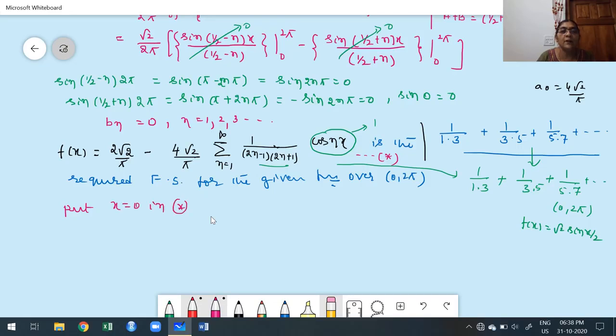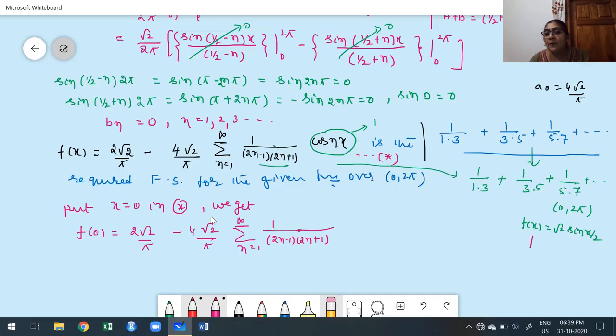I think it's clear why I had to put x as 0, because I want to convert cos nx to 1. We get f of 0 equals 2 root 2 divided by pi minus 4 root 2 divided by pi, summation n ranging from 1 to infinity, 1 by 2n minus 1 into 2n plus 1, since cos of 0 is 1.